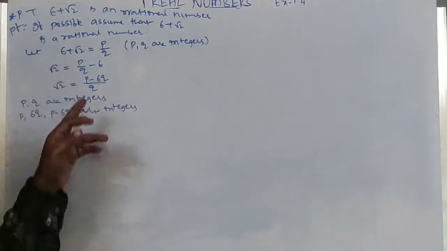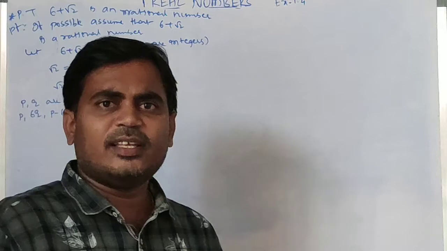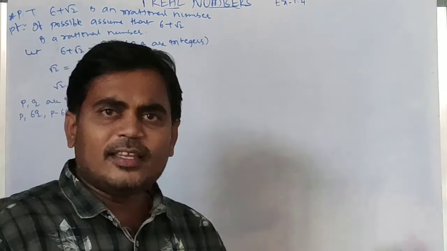P, q are integers. So 6 is an integer, q is an integer, 6q is also an integer, and p is an integer.